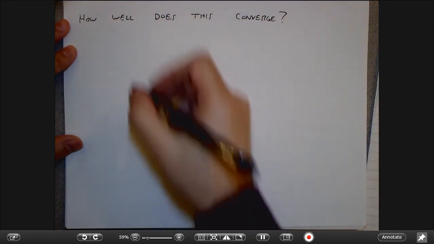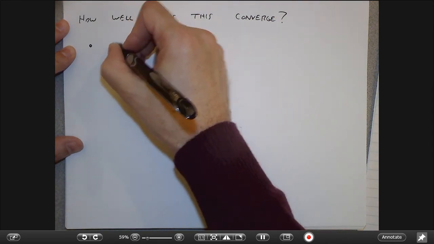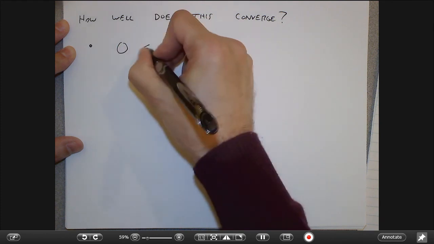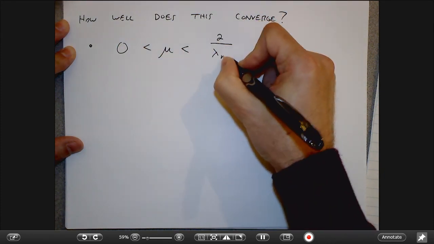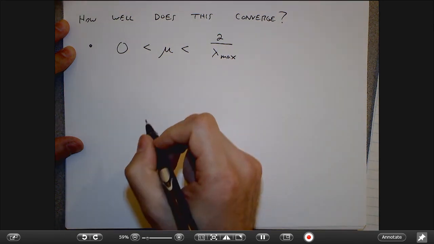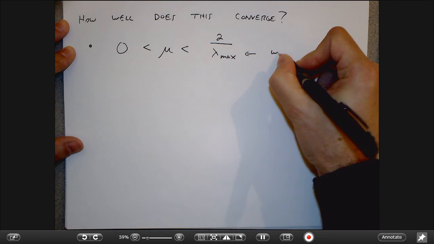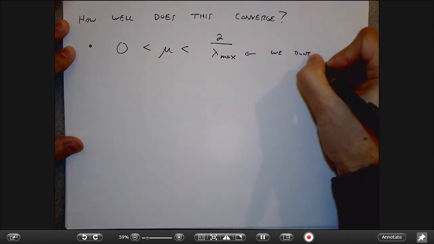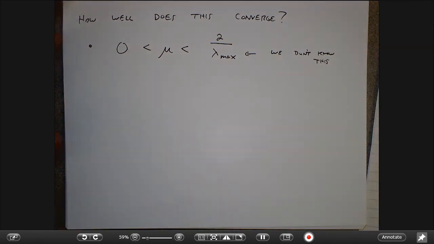So again, just some bullet points about that. Basically, we still have kind of the same requirement on the step size. The problem is that we don't know how to compute the eigenvalues of the underlying R, right?